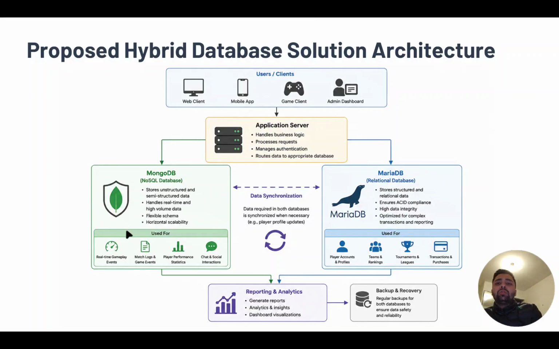MongoDB stores the dynamic data such as gameplay events and player stats, while MariaDB stores the structured transaction data such as accounts and purchases. The data synchronization maintains the consistency between both databases, while the report analytics and backend system is very important for the analytics and the reliability of the database.